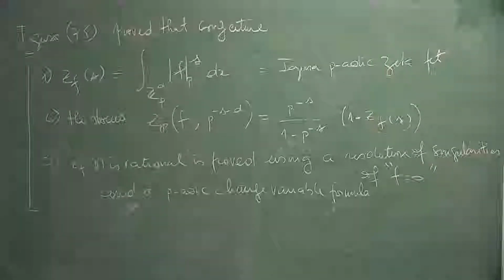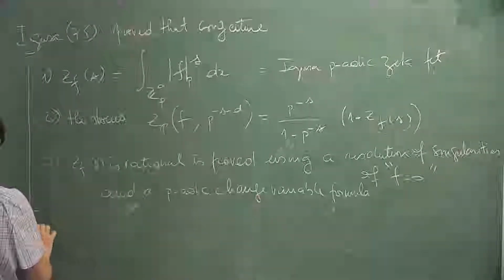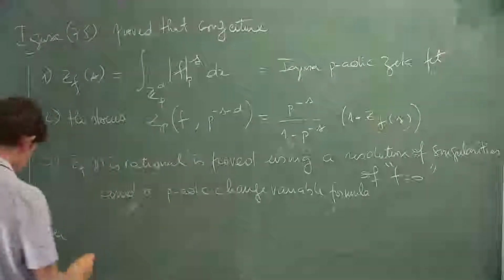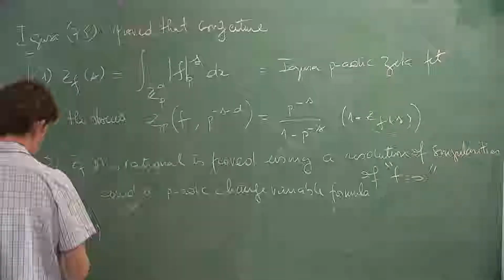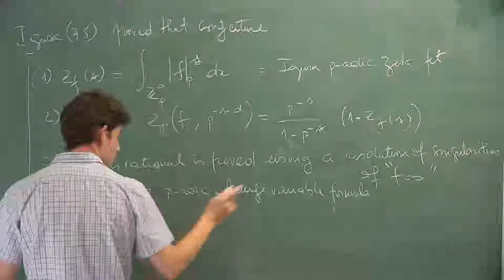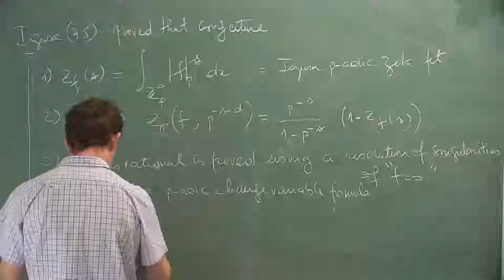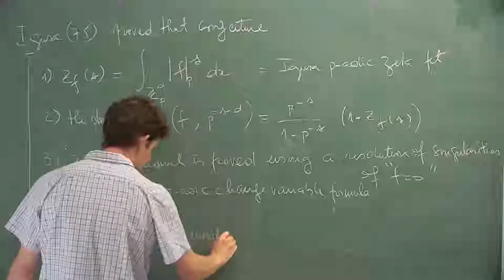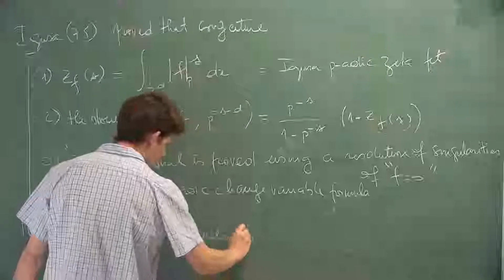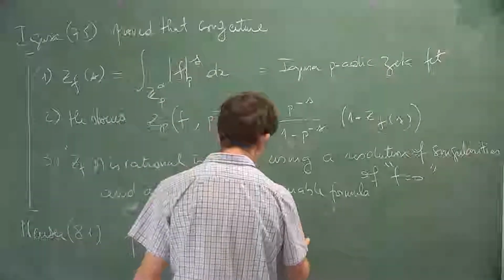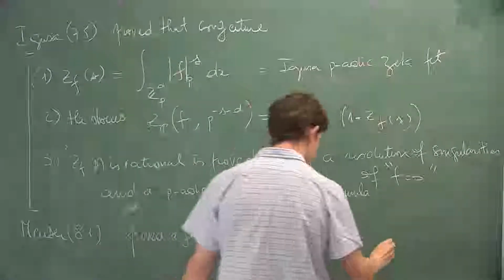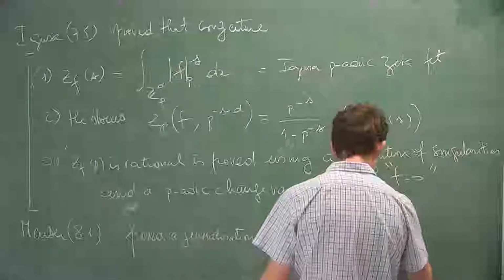And then Meuser in 81 proved the generalization of the conjecture when you replace f by a system.